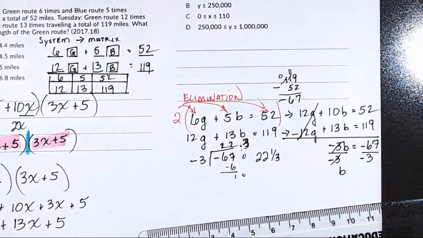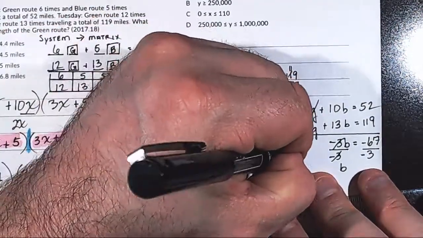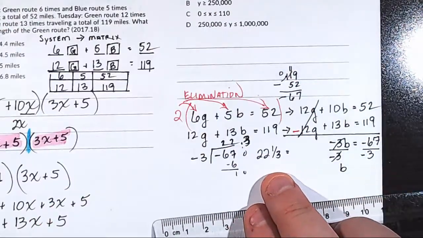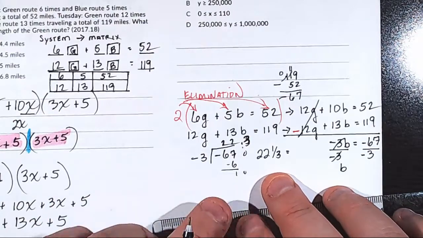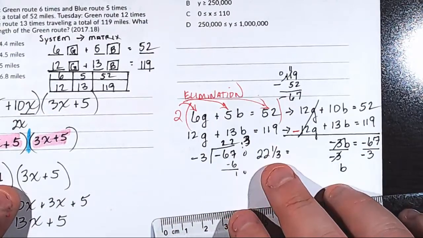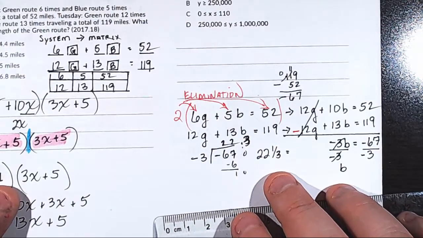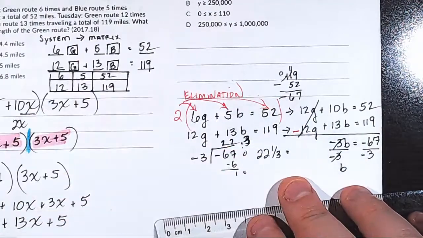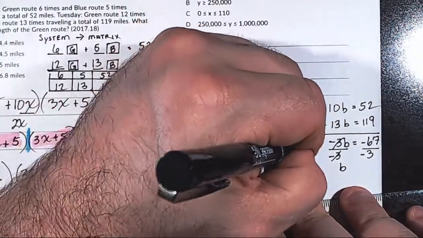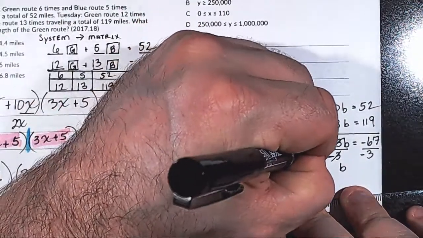So what you do is you plug that back into one of the equations. To do that, you convert 22 1/3 to an improper fraction: 22 times 3 is 66, plus 1 is 67 thirds.